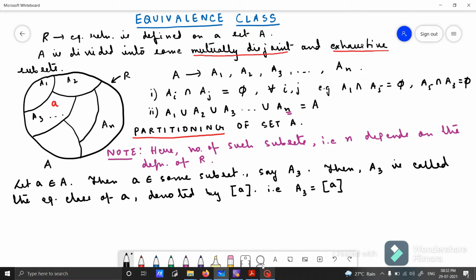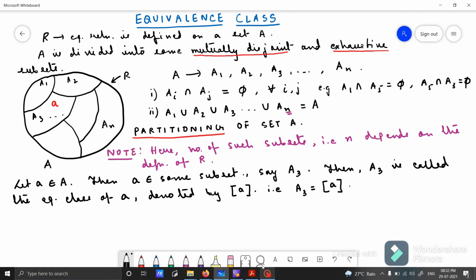So you see, you pick any element from the set A, it will belong to some equivalence class or the other. Now the question is whether multiple elements will belong to the same class, or one element can belong to more than one equivalence class or not. That I will explain with the help of an example.